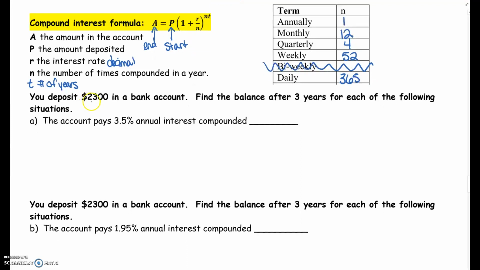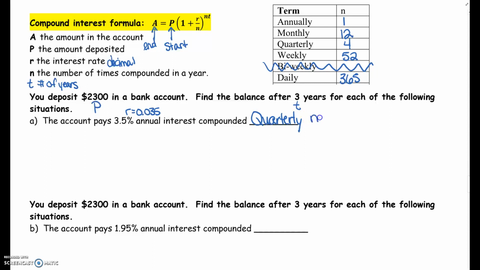You deposit $2,300 in a bank account. Find the balance after 3 years for each of the following situations. And our first situation is 3.5% annual interest. And let's do compounded quarterly. So $2,300, that is our principal. 3 years, that is our T. Our interest rate is 3.5. That'd be 0.035. Remember, you move the decimal point 2 places, so 0.035.